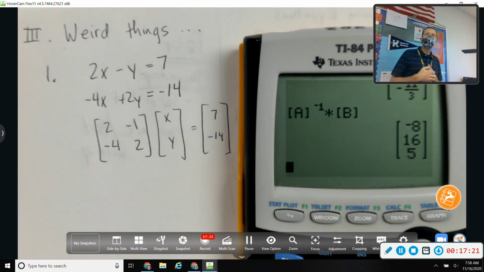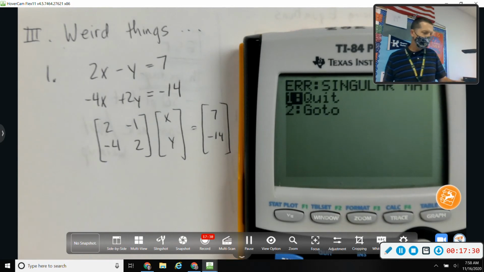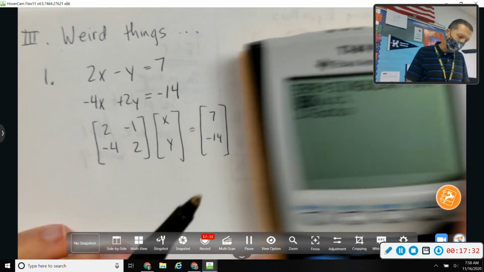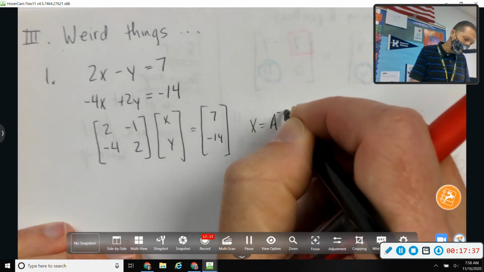And this one's nice because A inverse times B is right there. So I just need to hit it again and it will do A inverse times B again. Uh-oh. And I've got this weird error matrix here. Yeah, if you get an answer, you did something wrong.